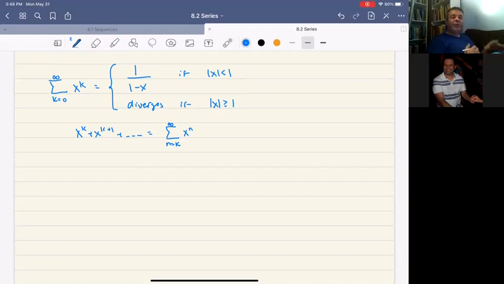Okay, so now what I could do is factor out an x to the k. And what's going to happen here? I'm going to get 1 plus x, x squared, and so on and so forth. That equals, now assuming that we have a convergent geometric series, x to the k over 1 minus x.